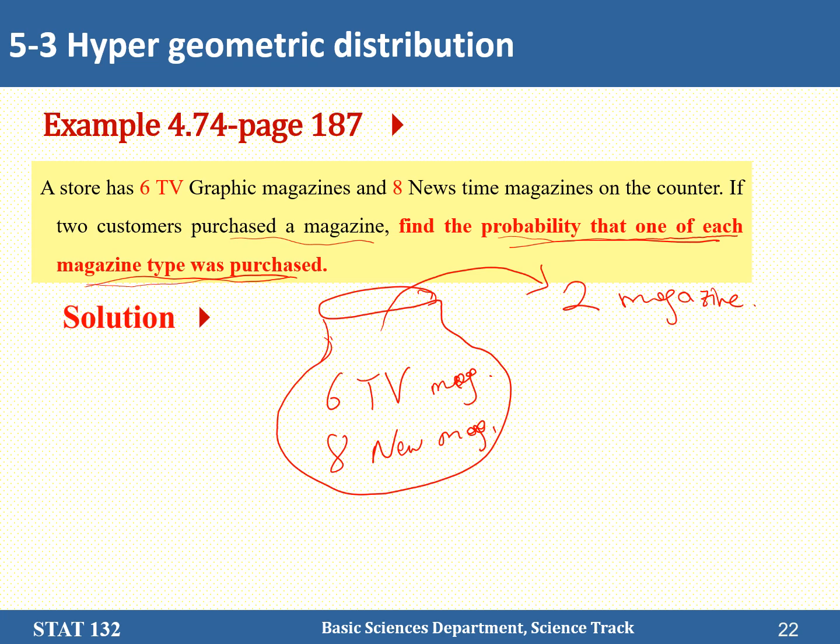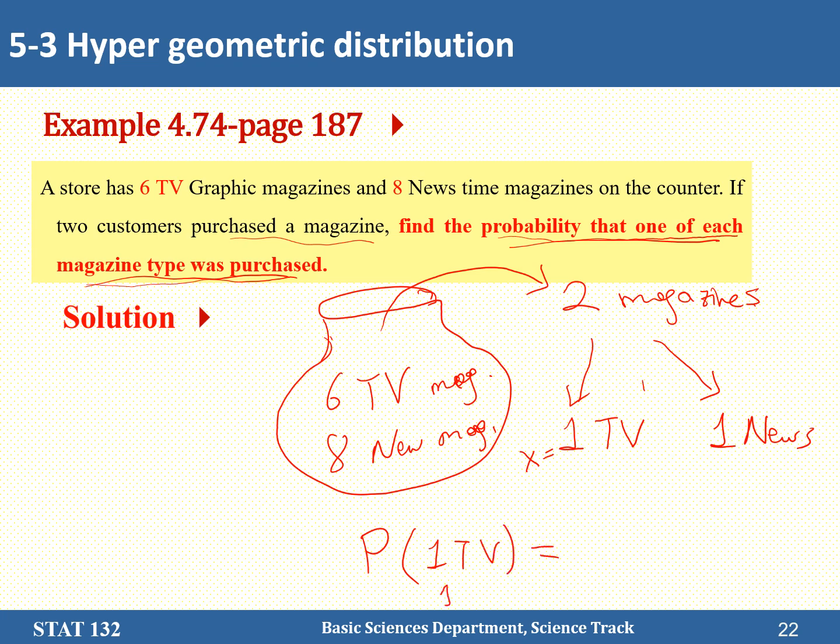So when the customers buy, each one buys a magazine, so it makes 2 magazines. And we want one customer to buy the TV magazine, and the other to buy a news magazine. So how can we choose such a thing? Let's say X is our random variable, the TV magazines. So we want one TV, which means one TV and one news, because we are choosing only 2 magazines here.